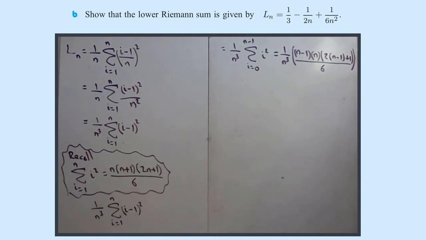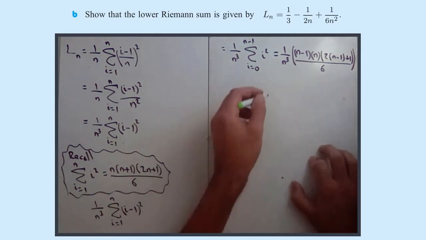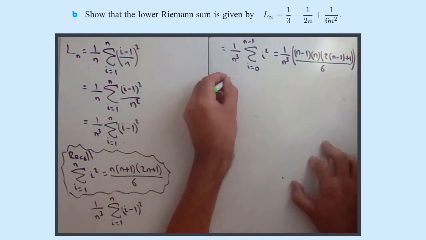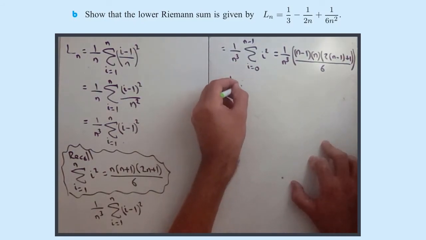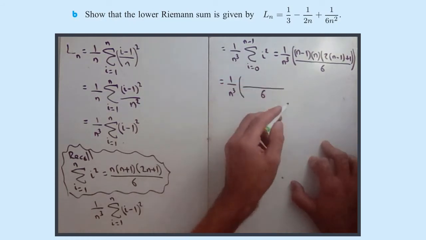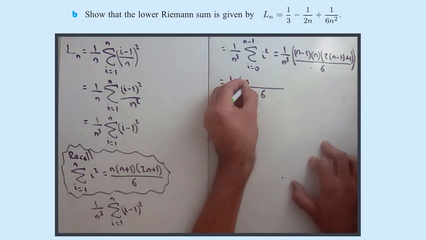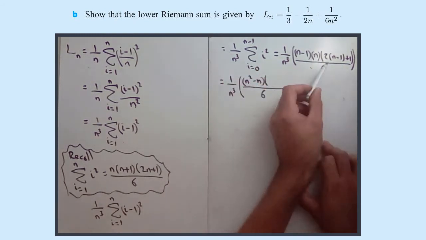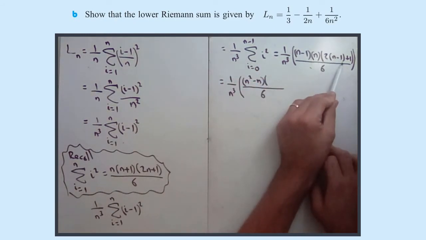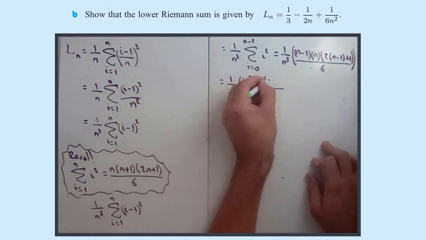So now we've got something we can work with, and we can show that it equals what it's supposed to. Equals 1 over n cubed times, I'm not going to do a lot with the over 6, but I'm just going to expand this bracket first, so that's going to be (n squared minus n) times, well, in here you've got 2n minus 2 plus 1, so that's 2n minus 1.